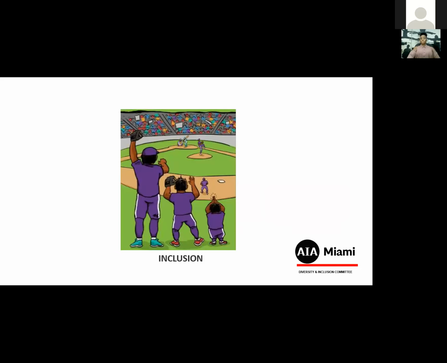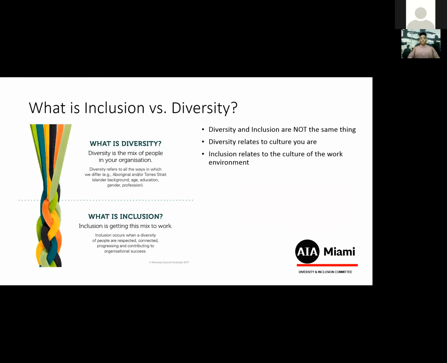So our focus is just that. How do we become part of? And how do we learn to enforce and encourage that inclusion? Now, it's very important for everybody to understand diversity and inclusion are not the same thing. People tend to use these terms interchangeably, but they're not the same thing. Diversity refers to a culture. Inclusion refers to your environment and workplace. So what that means to say is you can have a diverse environment.